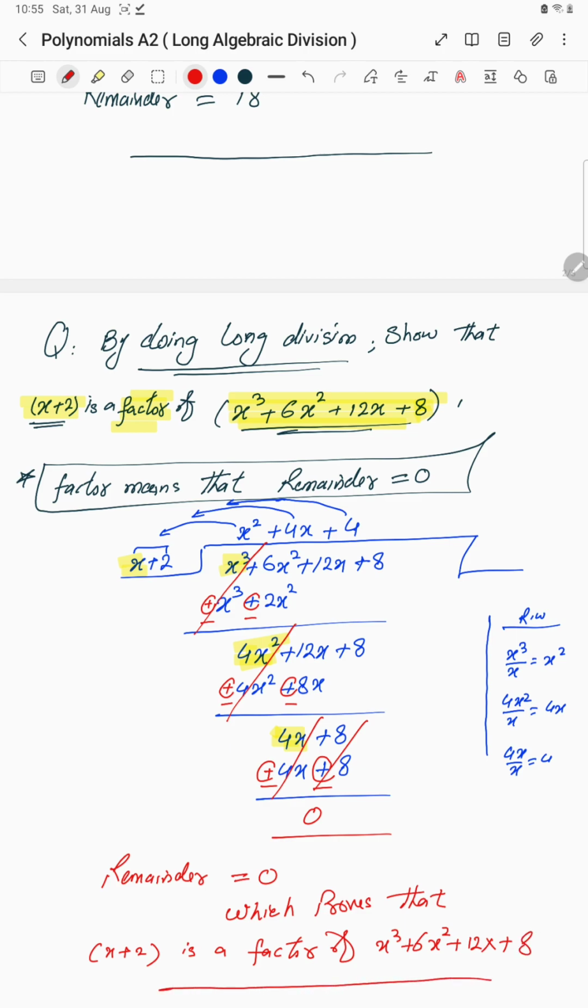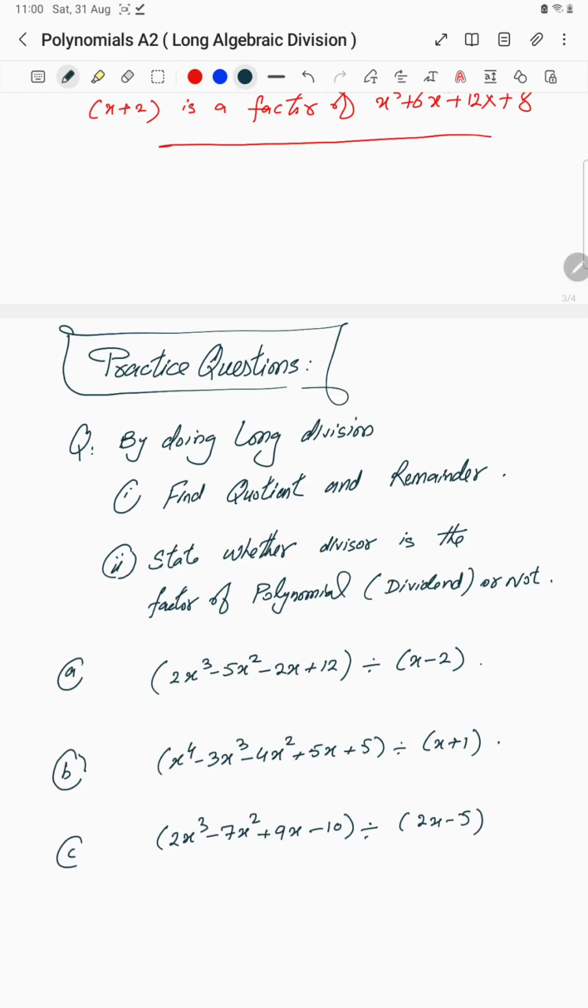Now I'm going to assign you a few home tasks to practice yourself, on the same type of questions. Okay, guys, here are the assigned practice questions which you are supposed to do. By doing long division, find the quotient and remainder and state whether the divisor is a factor of the polynomial dividend or not.